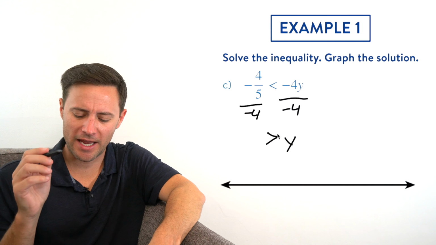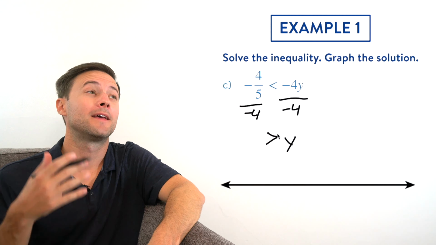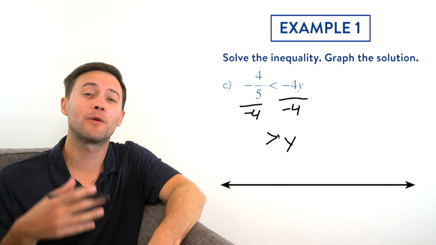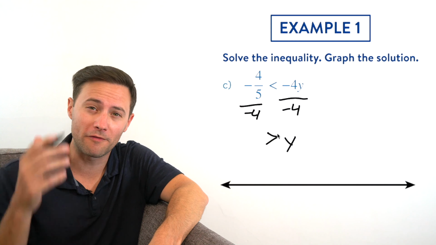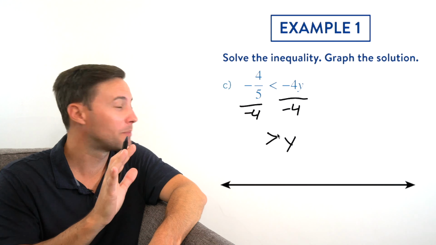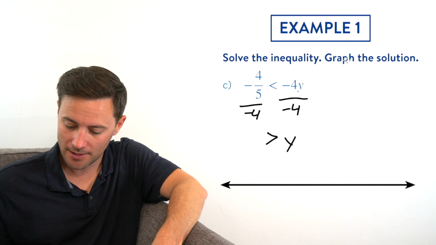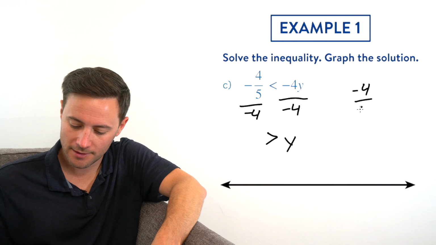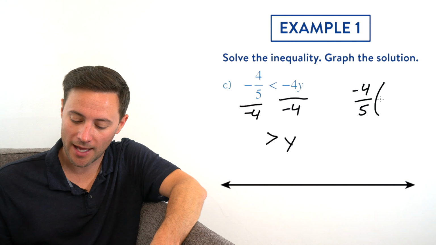And now, negative 4/5 divided by negative 4. Dividing by negative 4 would be the exact same thing as multiplying by negative 1/4. So that's going to be a little bit easier to understand. So let's do that off to the side. Negative 4/5 divided by negative 4 is the same thing as times negative 1/4.